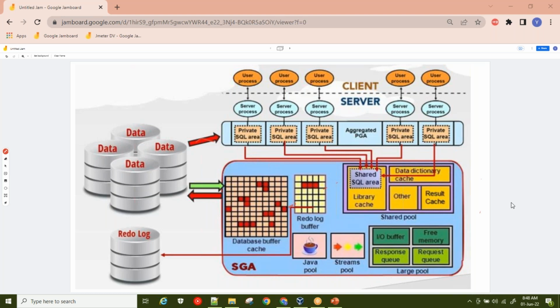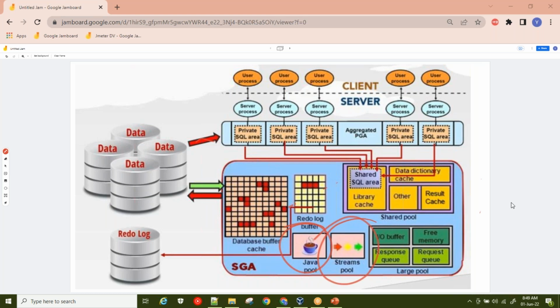After that there are some other components, not that important, like the Java pool. The Java pool is where some Java classes are stored, which are required for the processes. And there's the streams pool, again for streaming purposes. It handles all the streams. It's again an advanced concept, not so important for us.